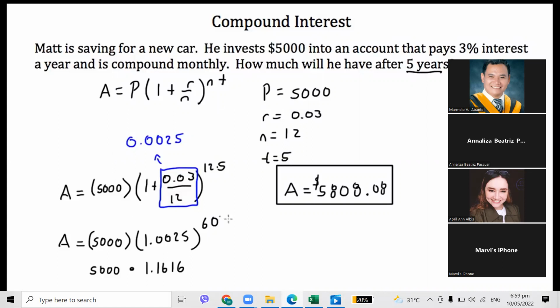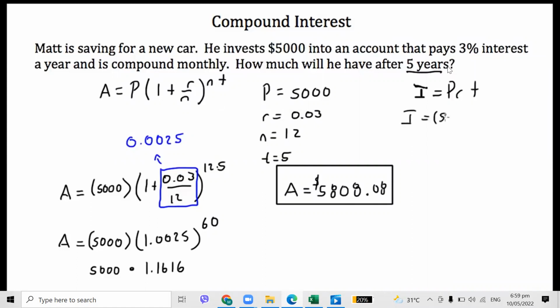If I were to plug this into the simple interest formula, I is equal to PRT, well then P would be equal to 5,000, R would be equal to 3%, so 0.03, and T would be equal to 5. Solve this, and I is equal to 750.